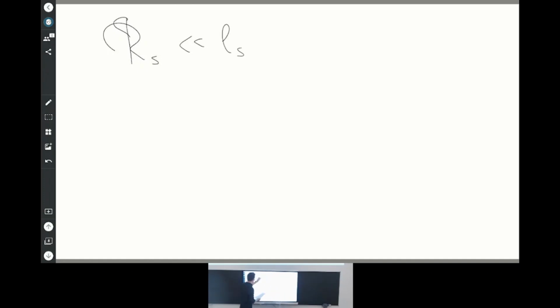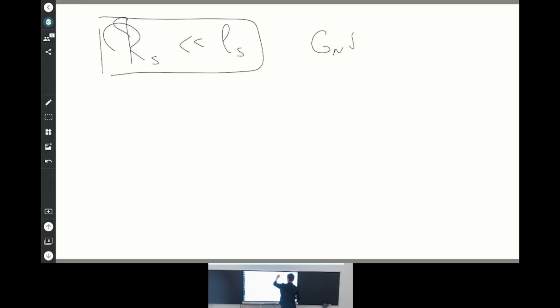But of course, this is a condition on energy, because this is G Newton square root of s to the 1 over d minus 3. This is this condition.